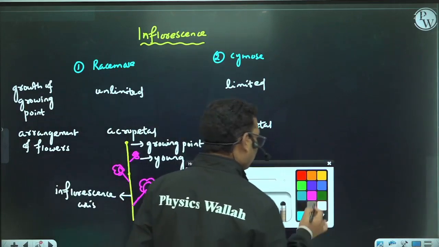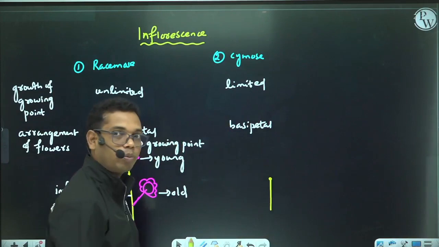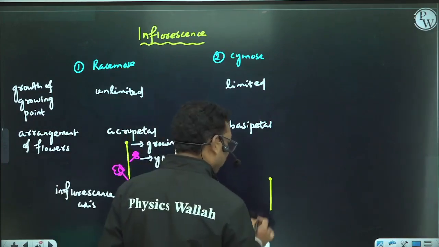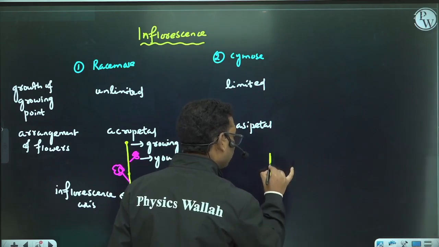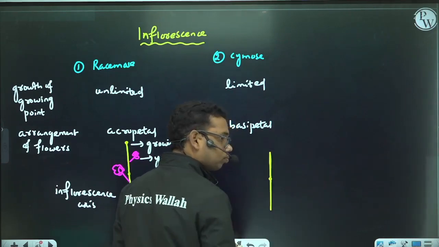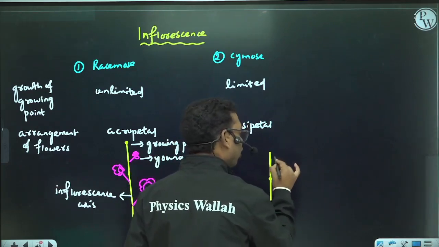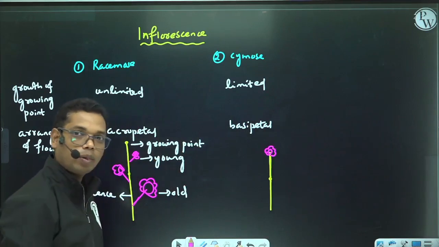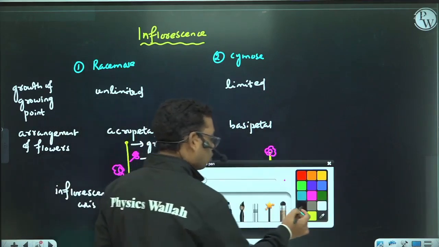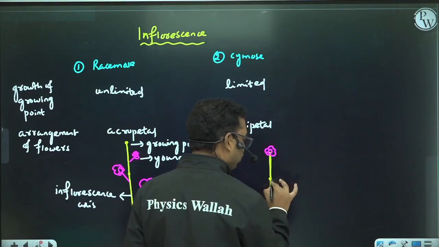Suppose this is the inflorescence axis and this is the growing point. This inflorescence axis will grow like this, and ultimately its growth will stop, and when the growth stops, the growing point will be converted into a flower. Now suppose from this point one flower developed, so one branch will form.